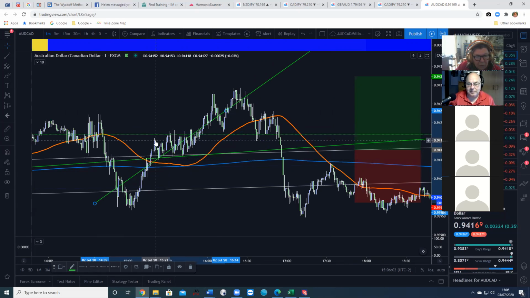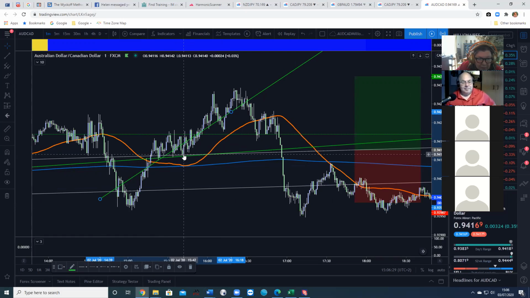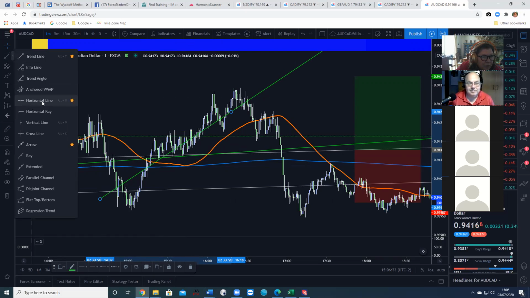So not a 10 pip break and a retest, but you had 1, 2, 3, 4 rejections, 5. So you knew it was struggling to come back below. You had your 1 minute trend, which you could have then started to pull out as your trade trend once it started to move.